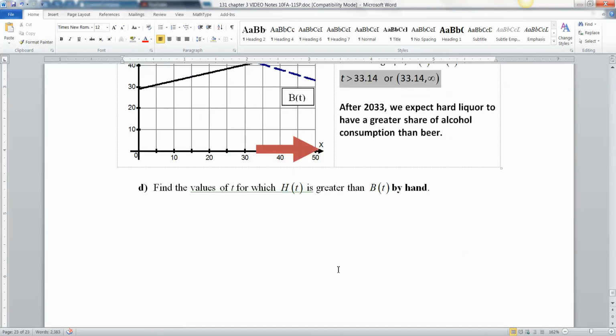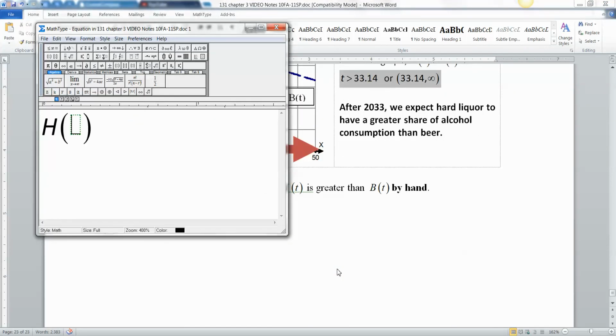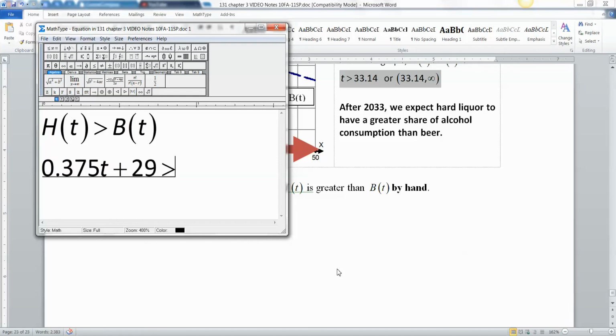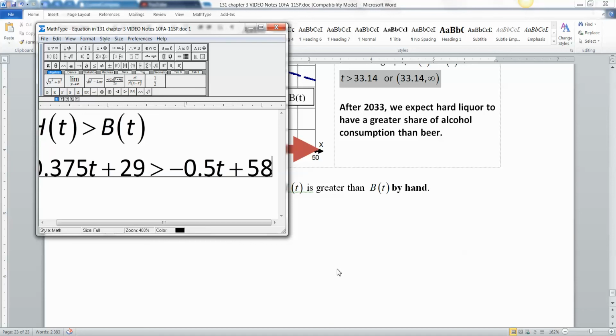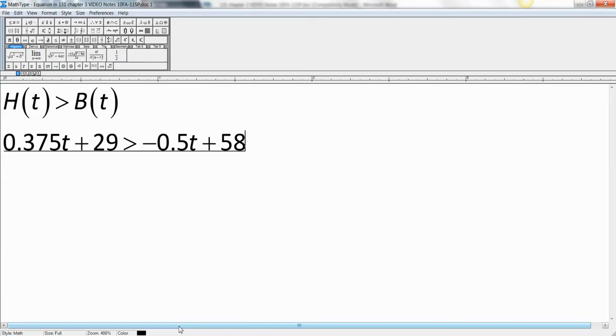So doing it by hand, you want to know when h of t is greater than b of t. Well, h of t was 0.375 t plus 29. I want that to be greater than negative 0.5 t plus 58. So we're going to solve this for t.